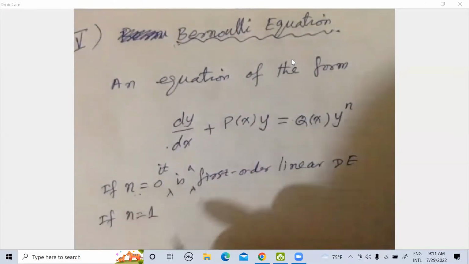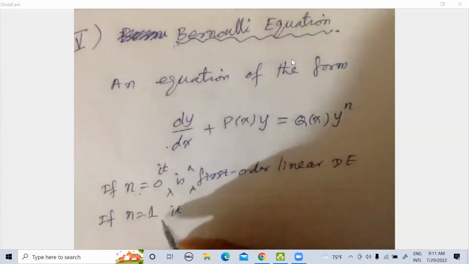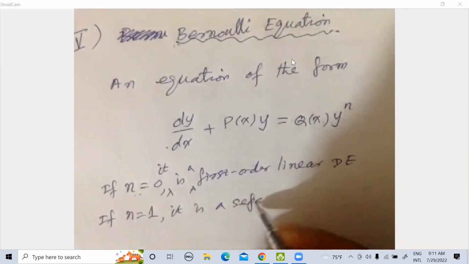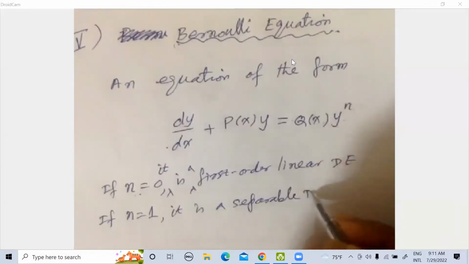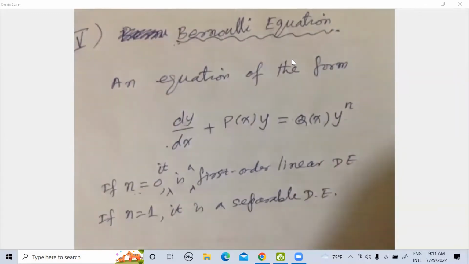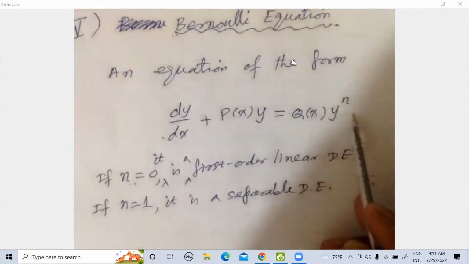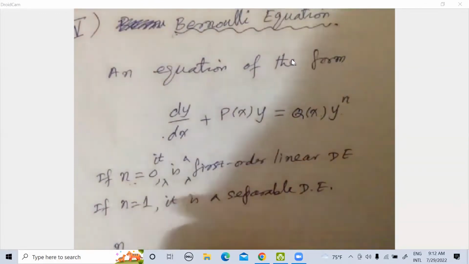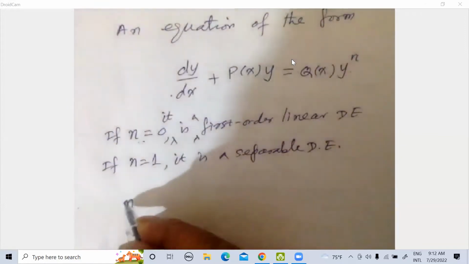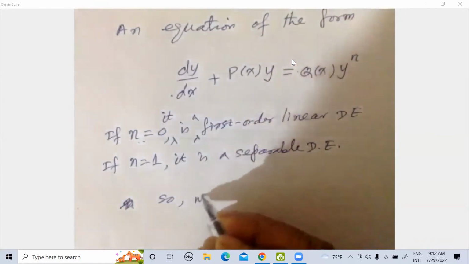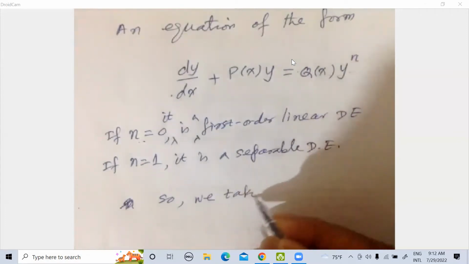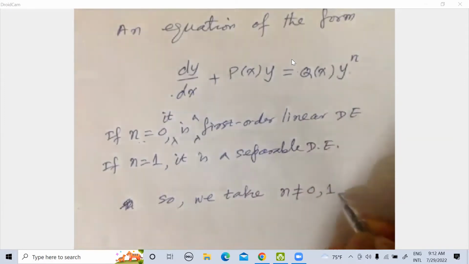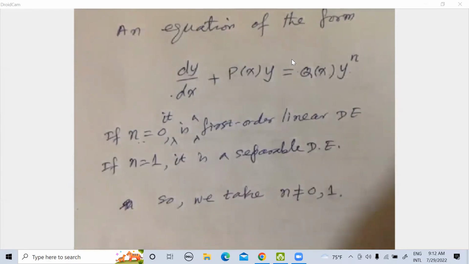We also know how to solve that case. So when we say Bernoulli equation, we take n to be not equal to 0, 1.